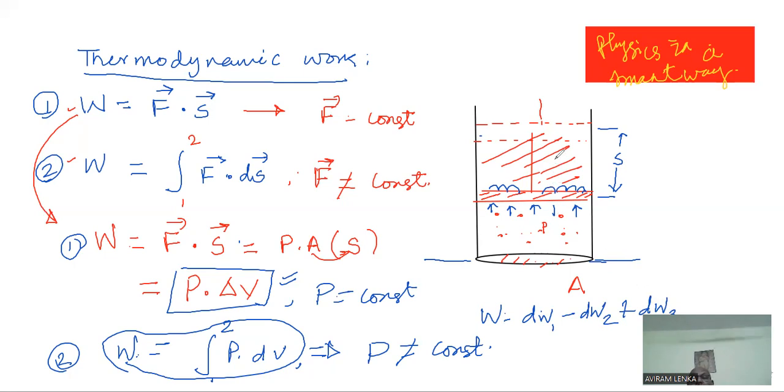If during the movement the pressure of the gas is changing in a regular or irregular way, then we divide the displacement into small displacements, ds, ds, ds, like that. For a particular pressure, P dS into your area gives us P dV, and P dV is the small work.